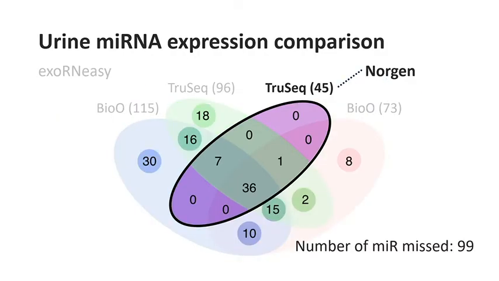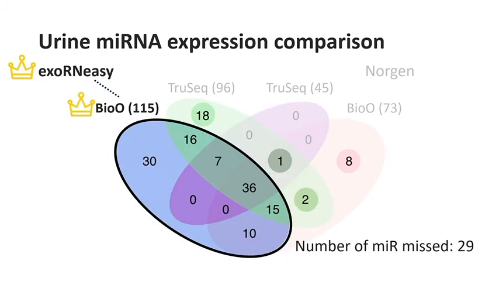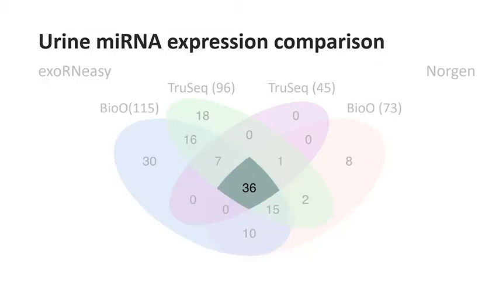And in the end, I would remind them, if you use the worst combination, then you will probably miss 99 microRNAs that are not detected in this combination. But if you use the best one, the microRNAs you missed will only be 29. So this is certainly the best combination that we found.